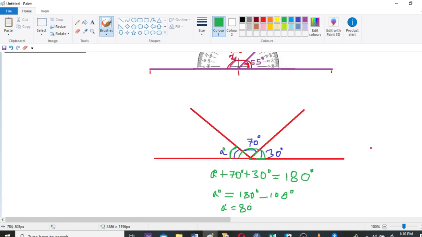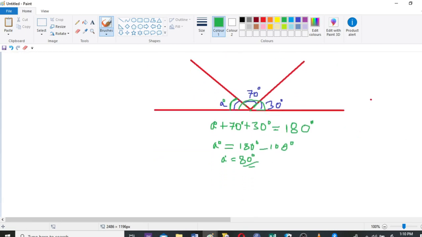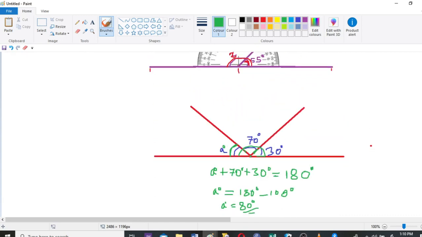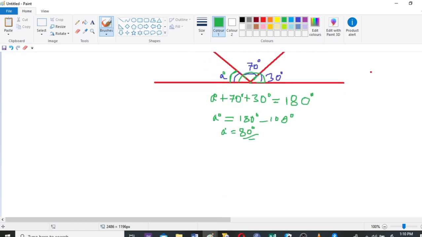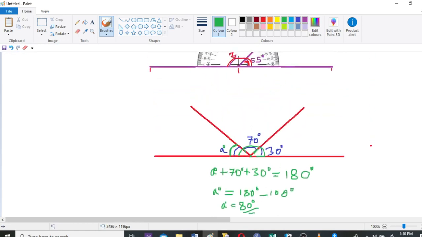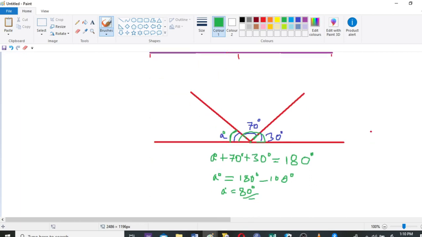This will be the size of your angle. So this is how we calculate angles given in this form, on a straight line.